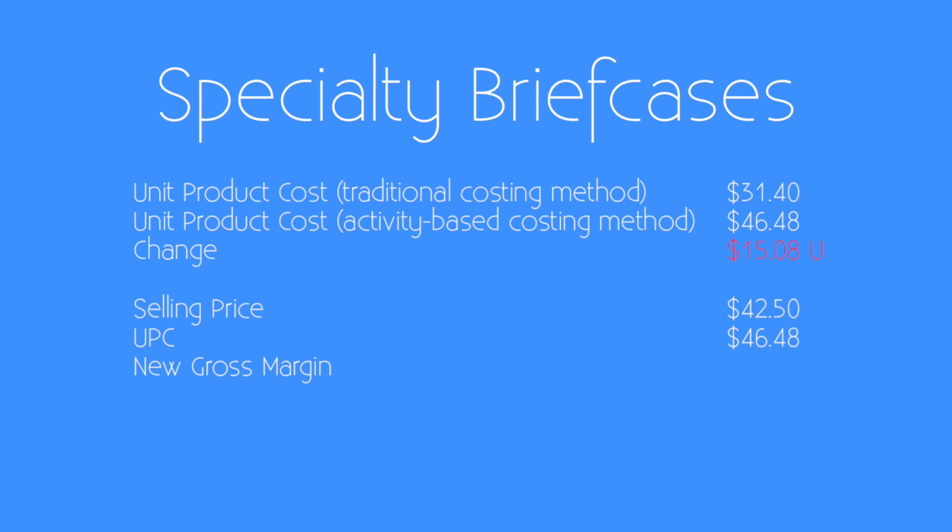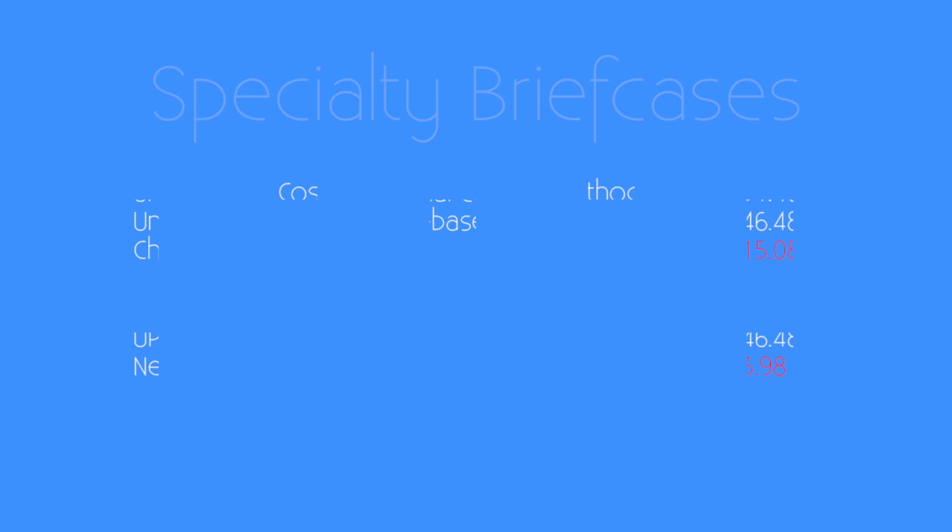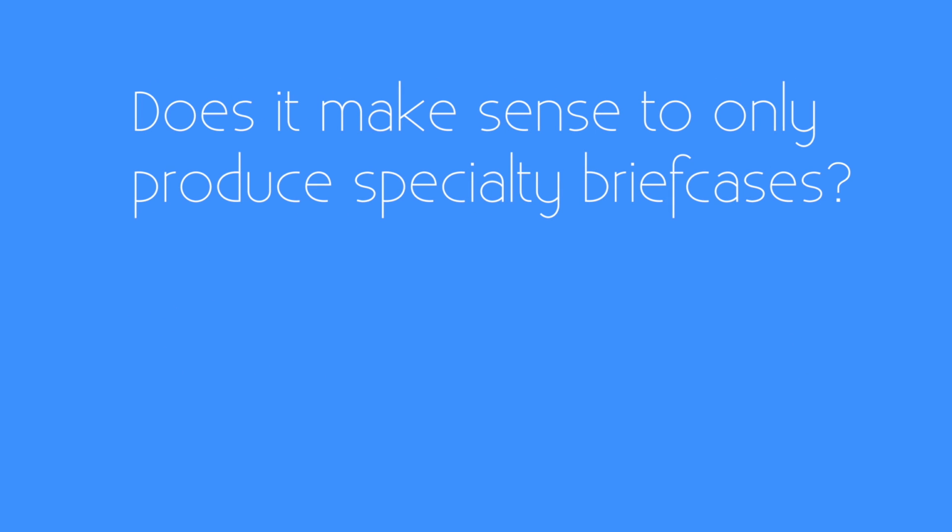The new gross margin per unit will be negative $3.98, meaning that for each unit produced and sold, the company is losing $3.98. Based on this data, it would be foolish for First Line Cases to switch production entirely to specialty briefcases.